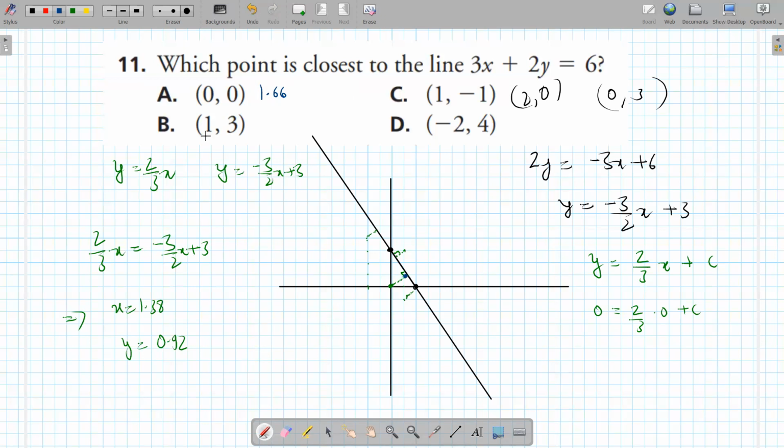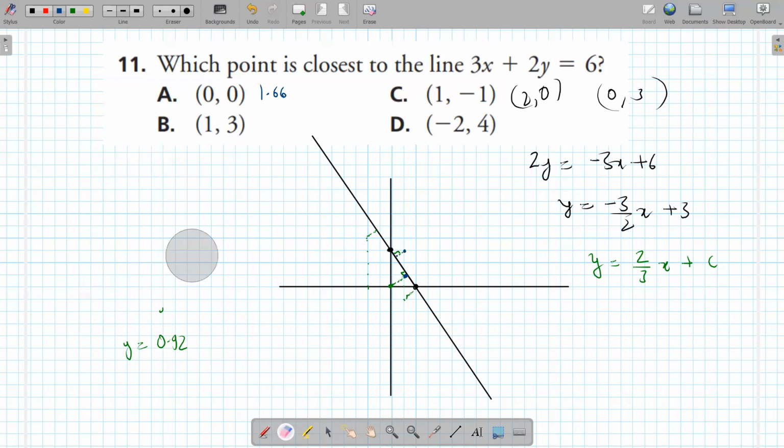How do you find the shortest distance from the coordinate (1, 3), which is up here, to this line? We know this green dotted line has an equation of y equals 2/3 x plus c. How do you find that c value?